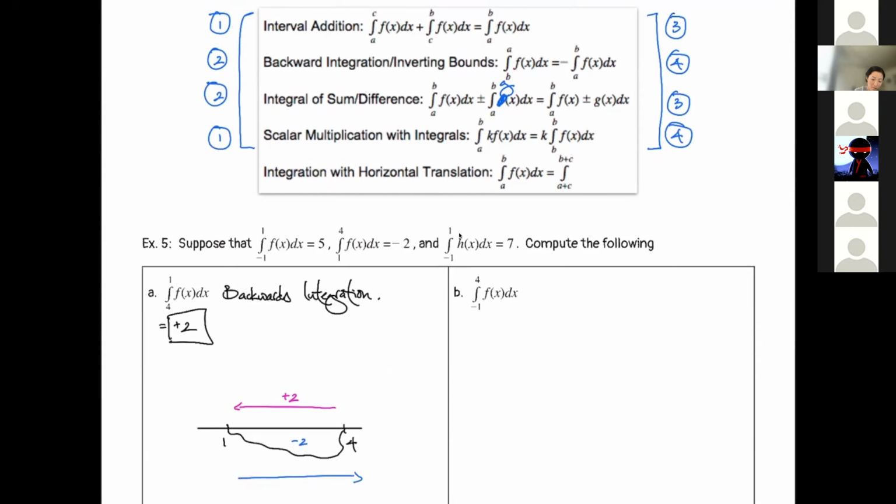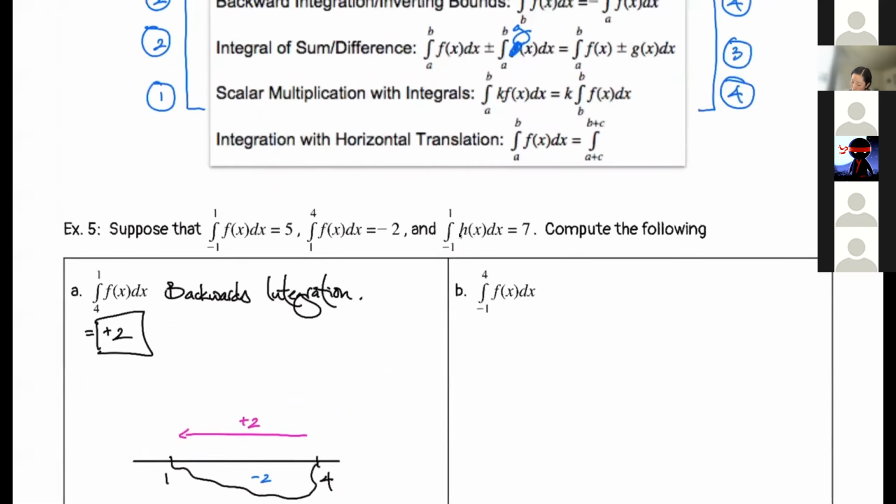Any other votes? Interval addition. Yeah. Now, what makes us say interval addition? I mean, we're right, but what about the given information tells us we're going to use interval addition?